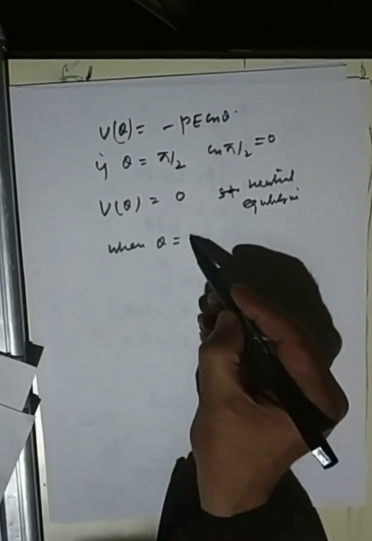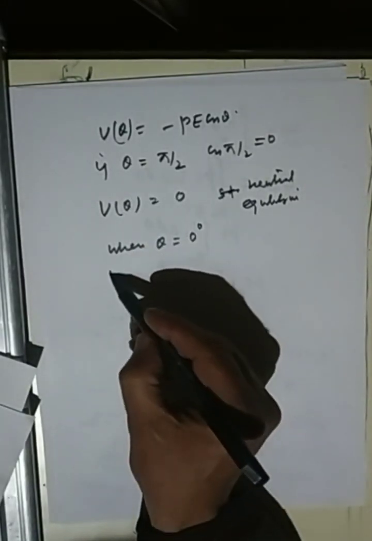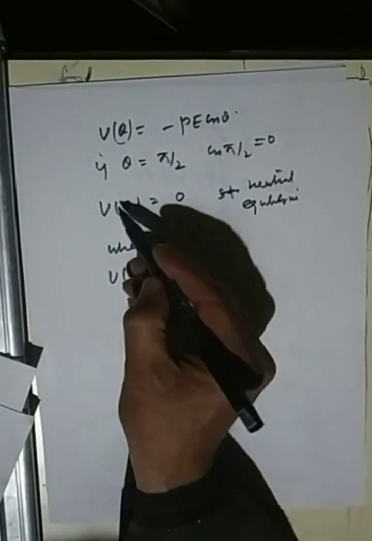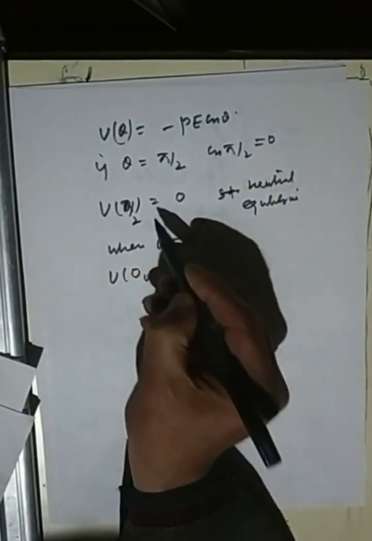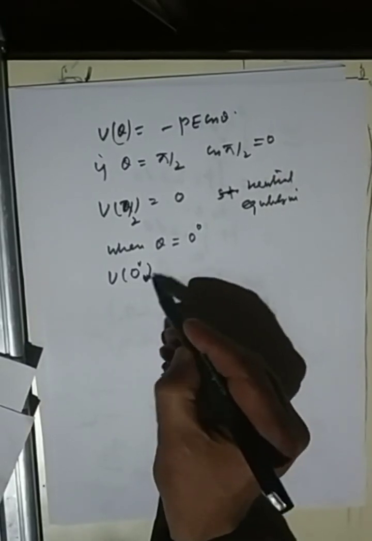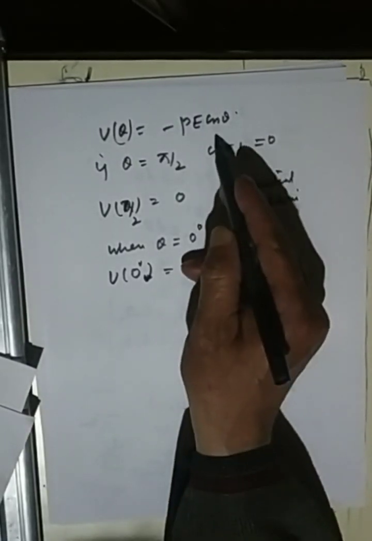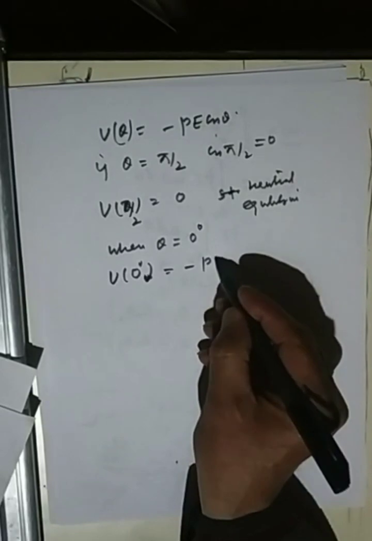Now when theta is equal to 0 degree, then U 0 degree will be equal to, क्योंकि cos 0 1 होता है, it will be minus PE.